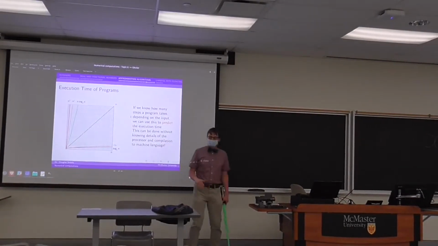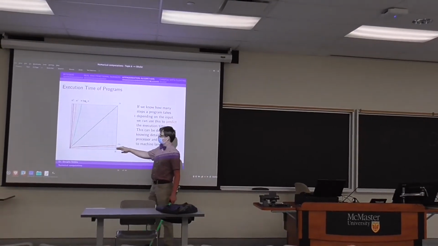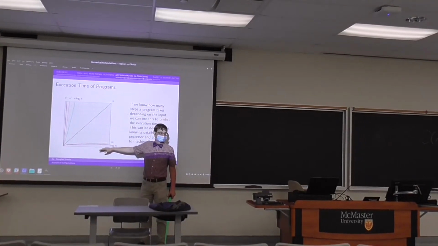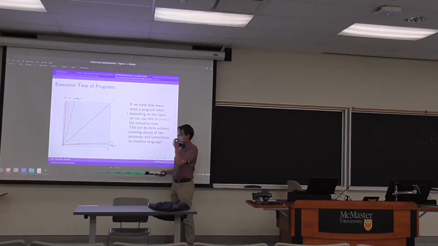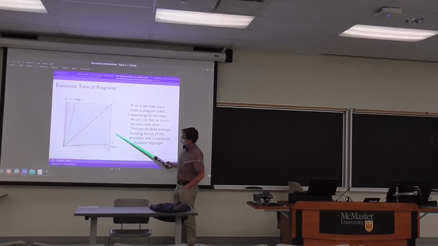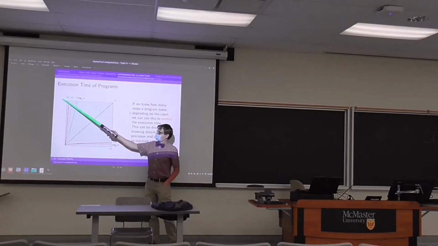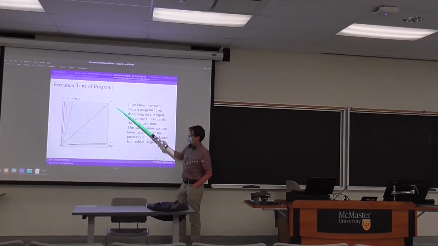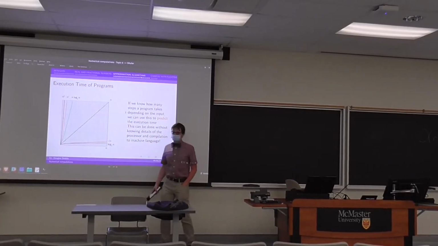Now, it can be more, it can be less, but the proportionality is there, right? So, as you can see, these are bad runtimes. These are better runtimes. This is a very good runtime, right?